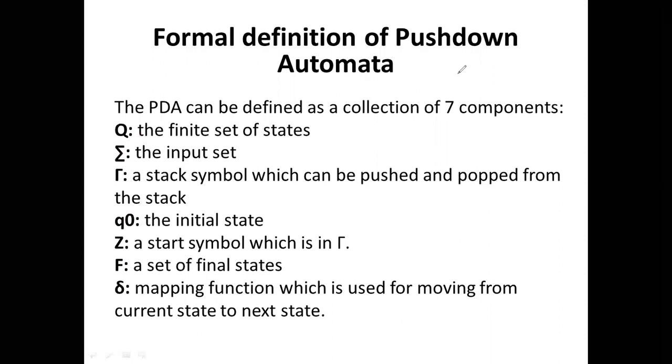So first we have to know regular grammar and regular language and the corresponding automata, that is DFA and NFA, the deterministic finite automata and non-deterministic finite automata. In finite automata, you can remember only a finite number of A's or B's.